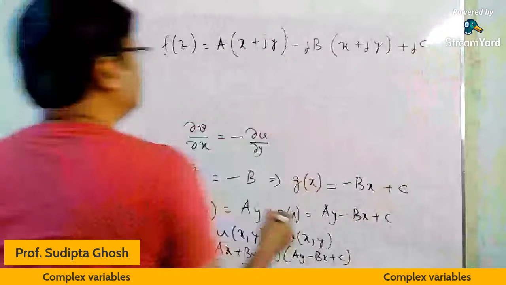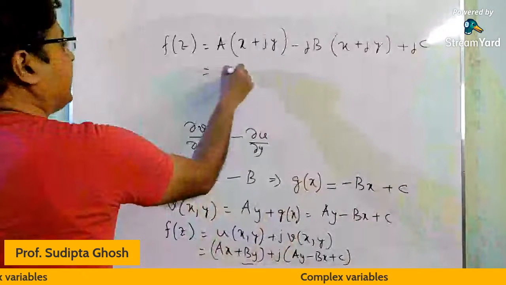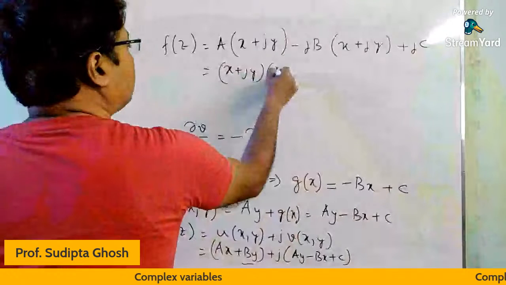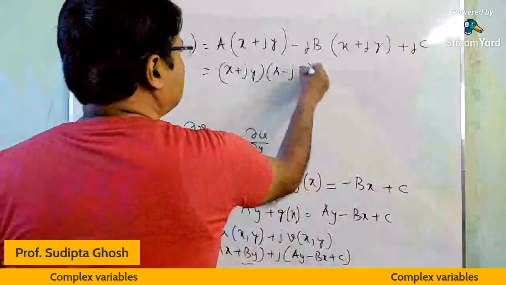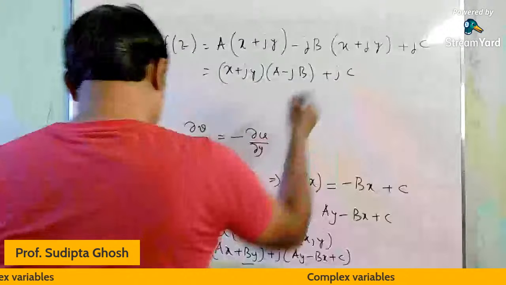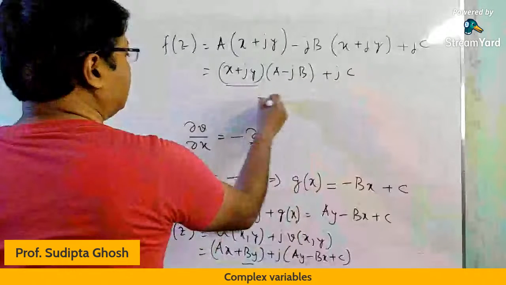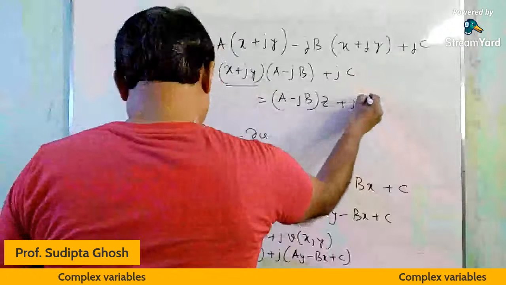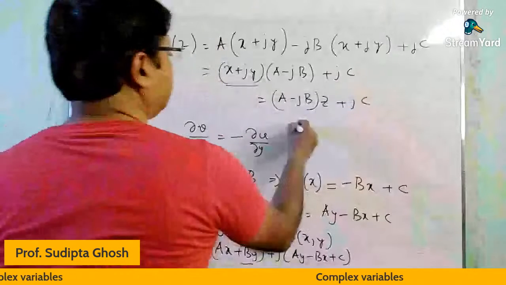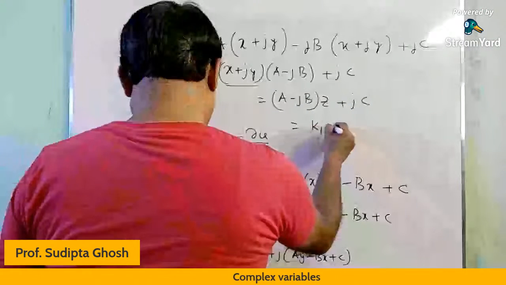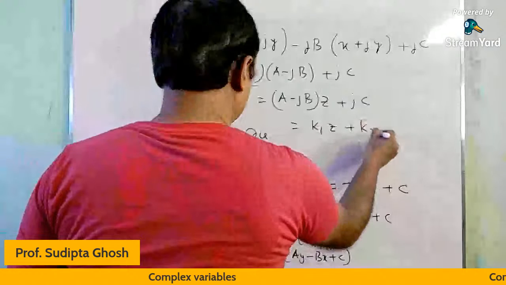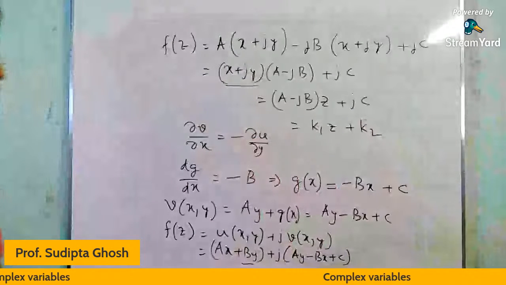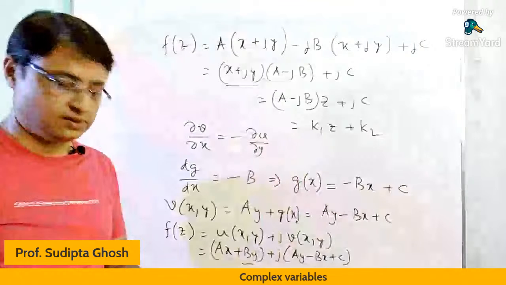So this is (x plus jy) times (a minus jb) plus jc, and x plus jy means z, so it is (a minus jb) z plus jc, or it can be written as k1 z plus k2, where k1 and k2 are complex constants.